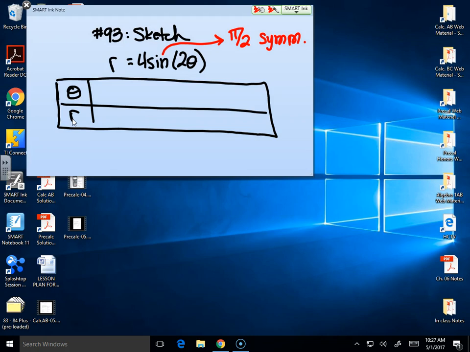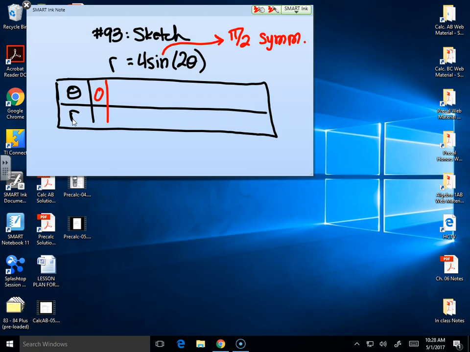So with sine, if I plug in 0, sine of 0 is easy, so 0 is good. If I plug in, let's see, pi over 6, I'm just kind of going through unit circle values. 2 times pi over 6 is pi over 3, and sine of pi over 3 is square root of 3 over 2.